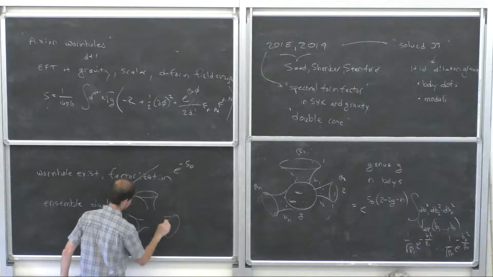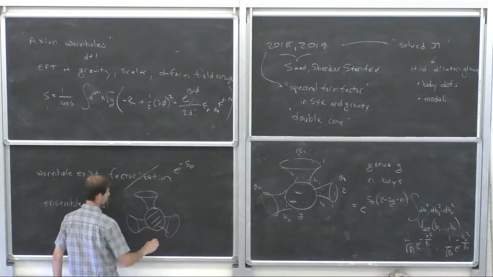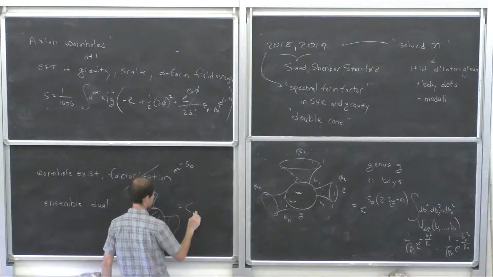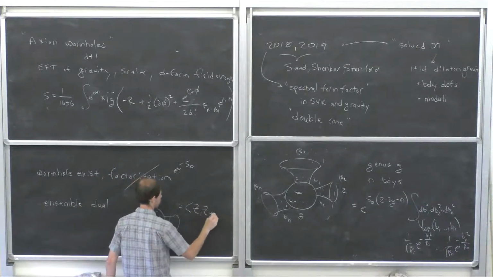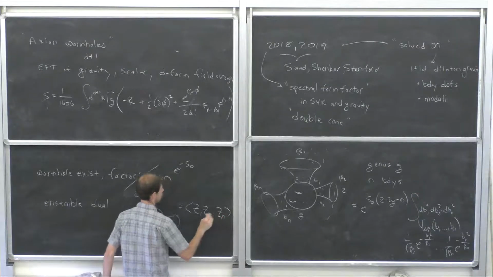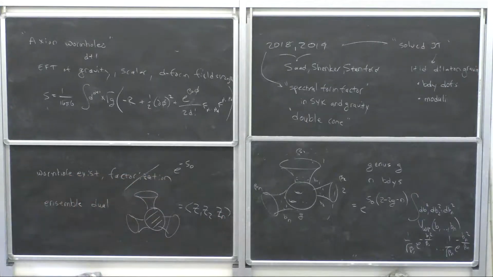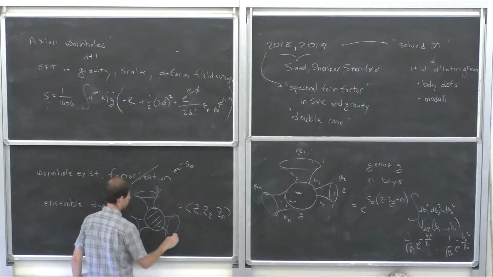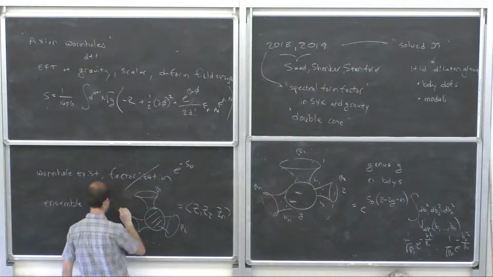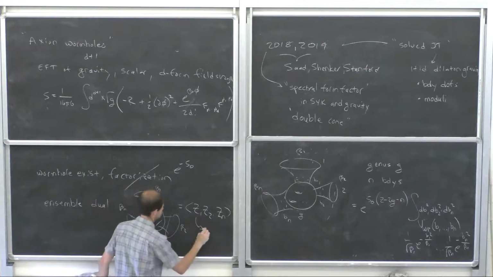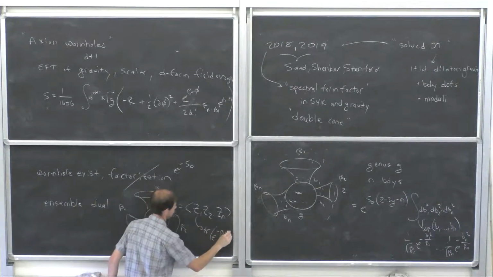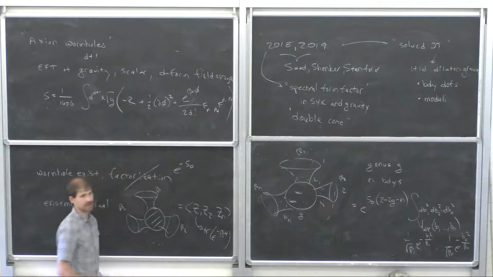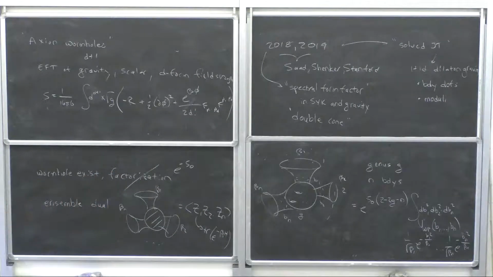This picture that I've been drawing is dual to an ensemble average of partition functions, with beta 1, beta 2, up to beta n, of trace e to the minus beta 1 H, where H is the random variable being averaged. That's the random Hamiltonian in this matrix ensemble.